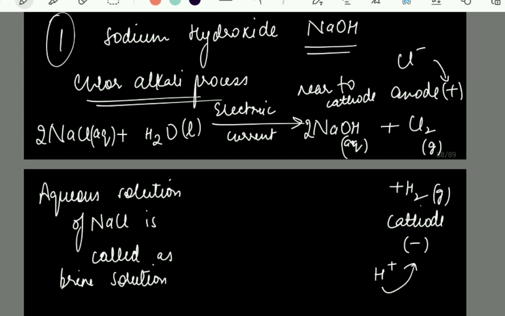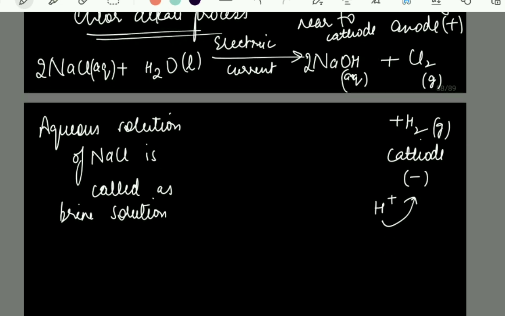Now, hydrogen, chlorine, sodium hydroxide, these are all commercially important products. If we try to understand the uses of hydrogen, it can act as a fuel. It can act as a raw material for manufacturing ammonia. Ammonia is a very important raw material for fertilizers.